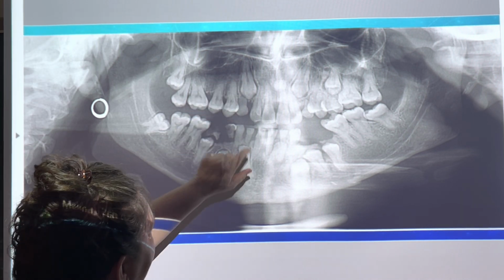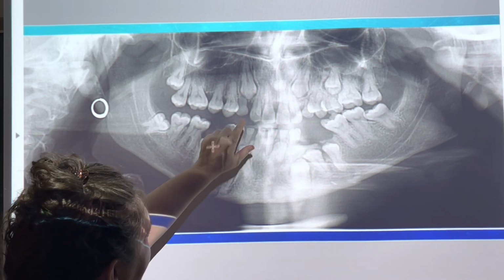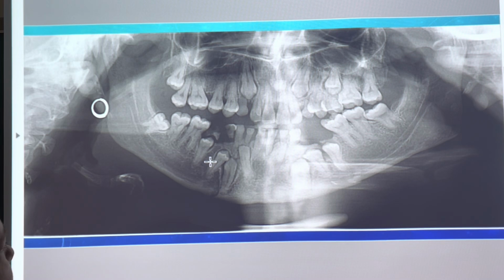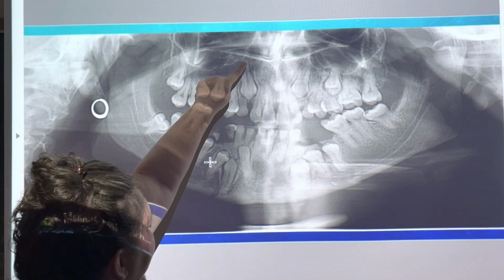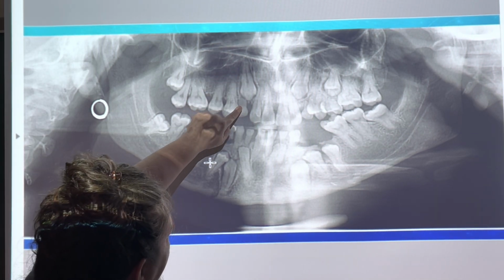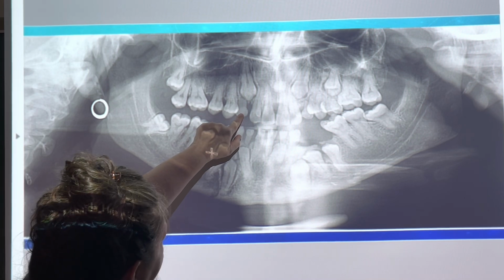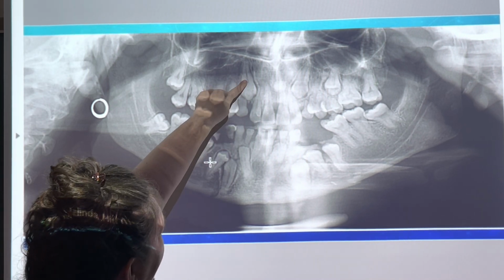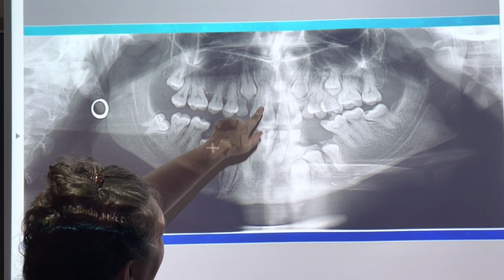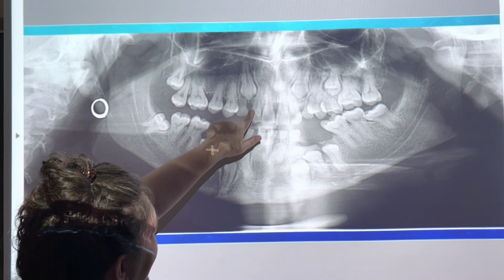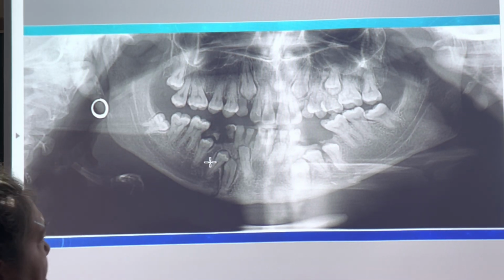There's your canine. There's a baby tooth here. Now, with that permanent tooth, here's the path that needs to go. If we don't get that baby tooth out, then that tooth's going to keep shifting over and damage this lateral root, and that's what you don't want.